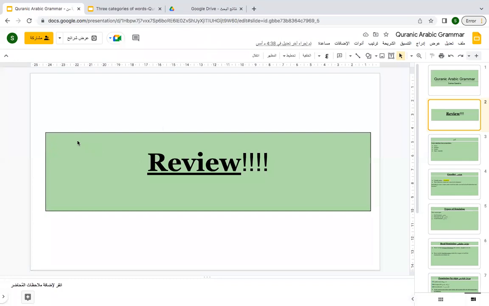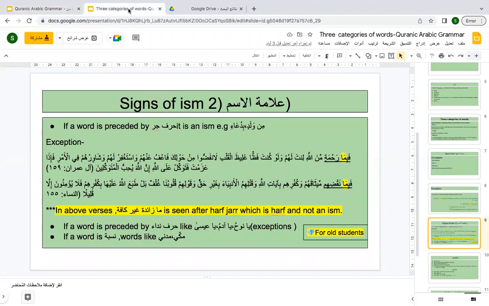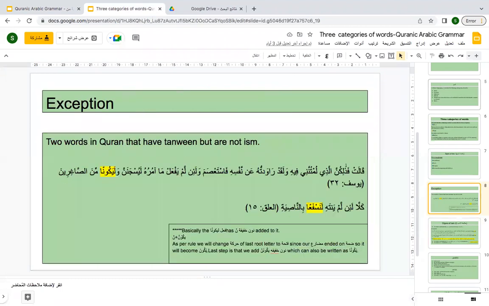So in the 3 categories of words, we have seen that when we look at Arabic, we can categorize everything into 3.